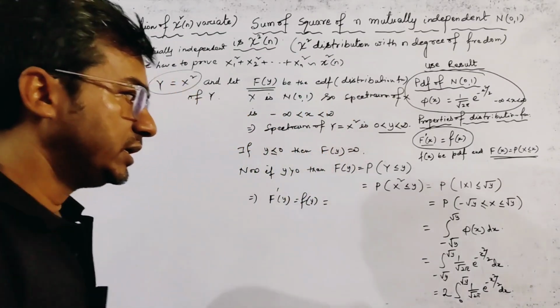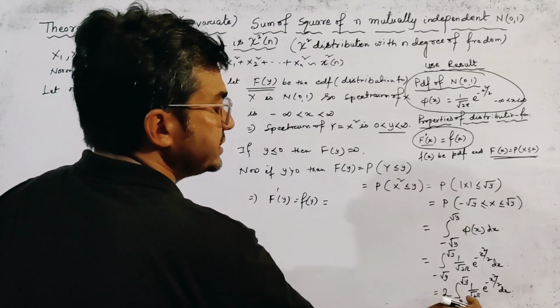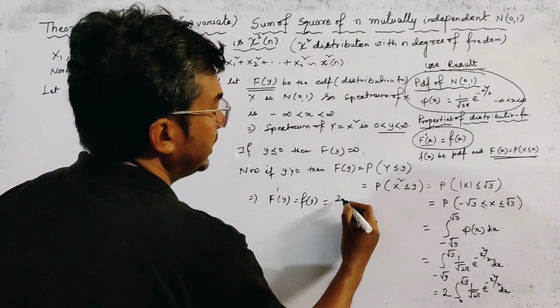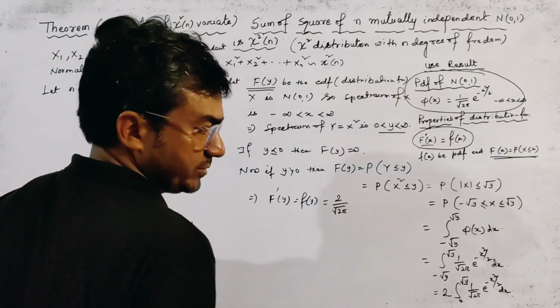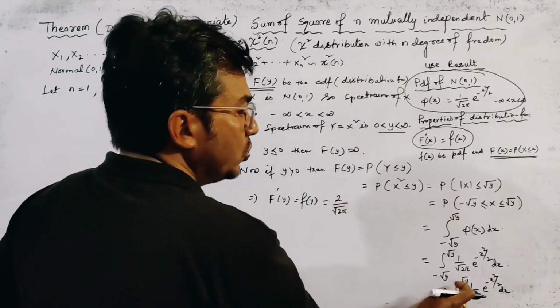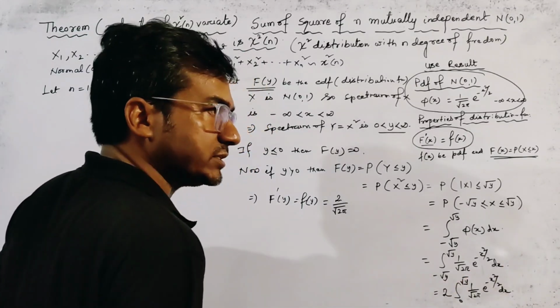Now we differentiate it. The derivative of this integration is given by, first, the constant term 2 by root 2 pi. Now we put the upper limit in the integrand.